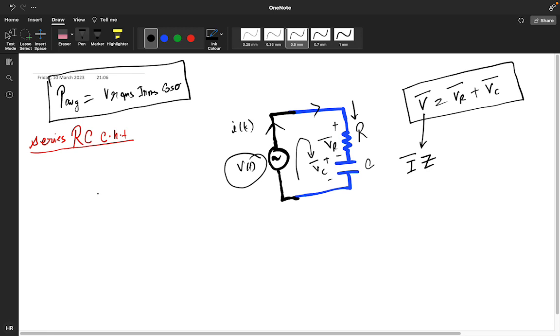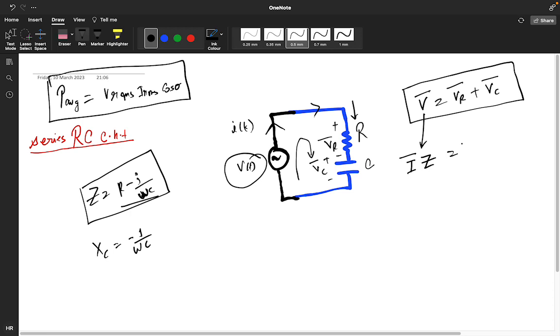The impedance in this circuit is R plus or minus J by omega C. We already know XC is nothing but minus J by omega C. So the combination of impedance will be the resistor here and the capacitance here. So V is I phasor into Z, and VR will be I phasor, whatever current is going, multiplied with R. This phasor means it has some direction.